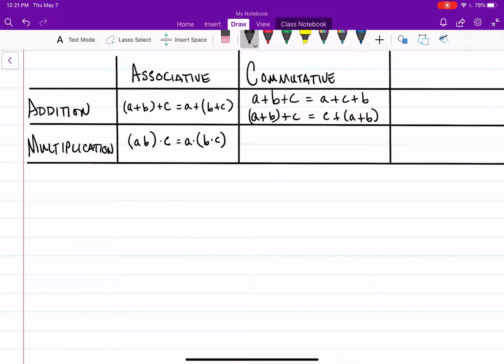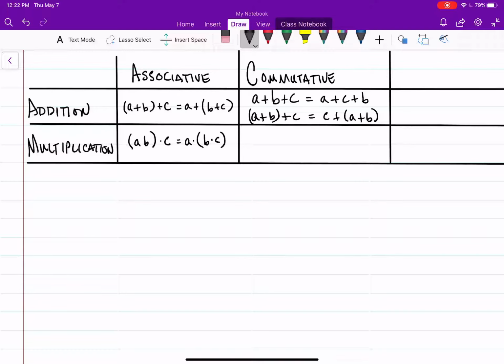This commuted, and notice that it's not an associative property because the A is still associated with the B, no matter if it's the left side or the right side. It's still the same association. So I'm not changing associations whatsoever. Therefore, that's only a commutative property where the C commuted from the back side to the front side, okay?